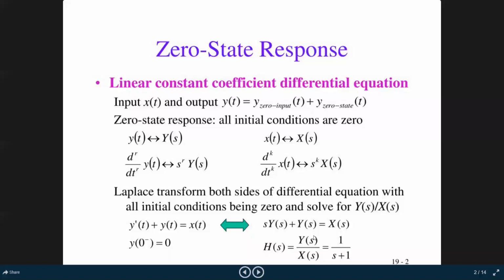Otherwise, what will happen is when you write this equation, there will be terms containing the initial values of the derivatives of the input. So you cannot simply take the ratio between the Laplace transform of output and Laplace transform of input. So we put that restriction for the type of input also.